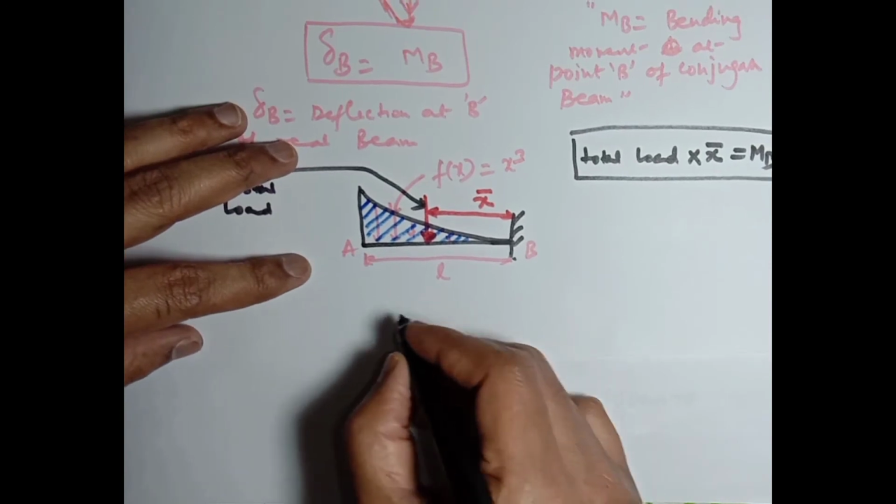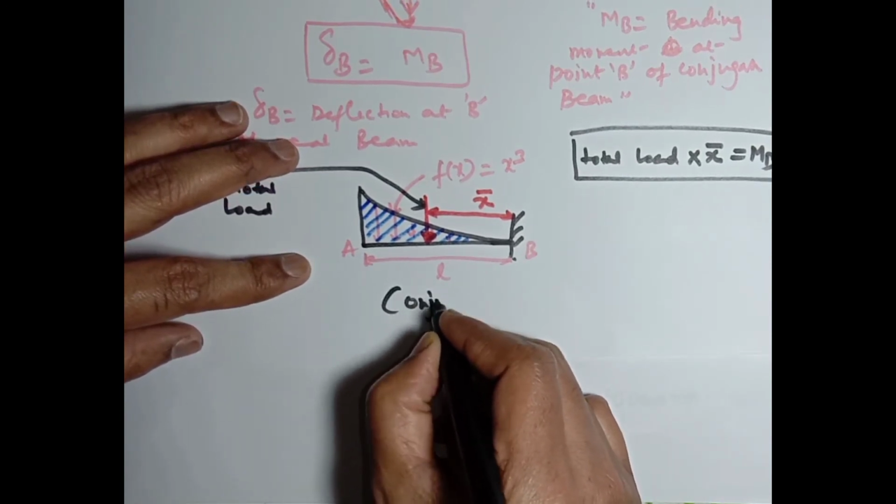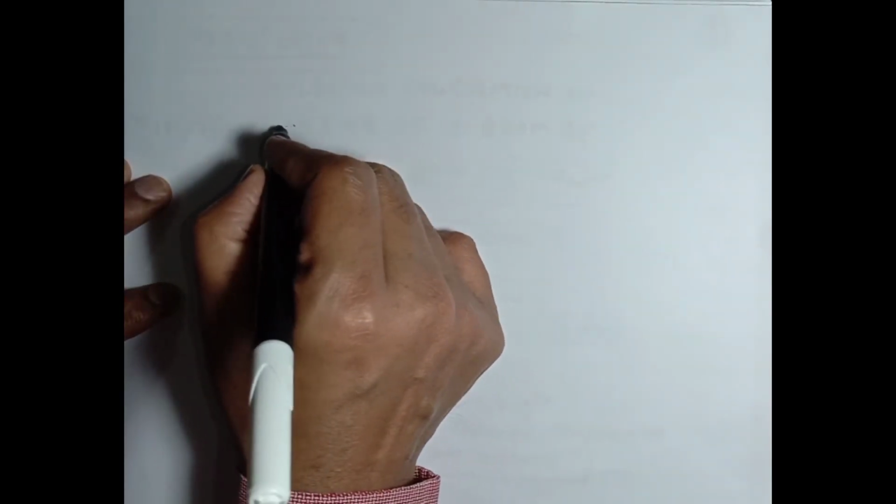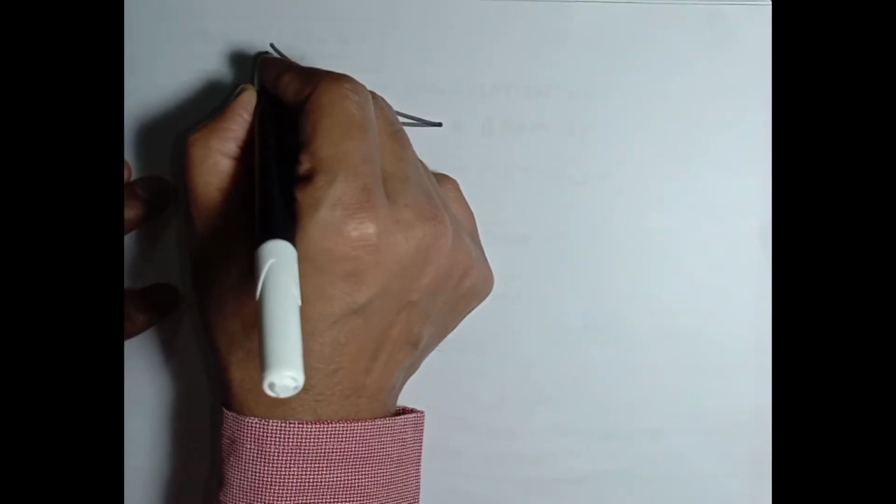This is the conjugate beam. Now, the conjugate beam is this one.